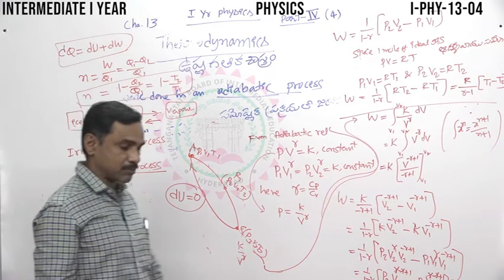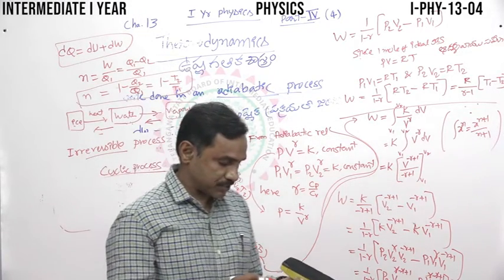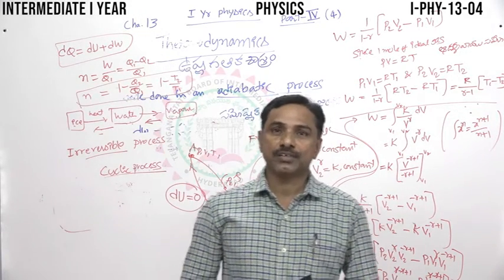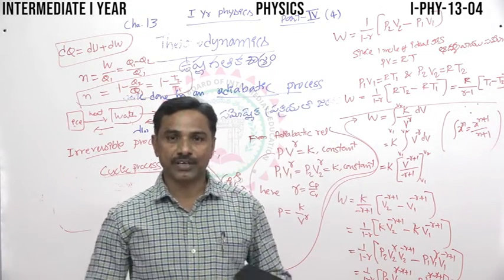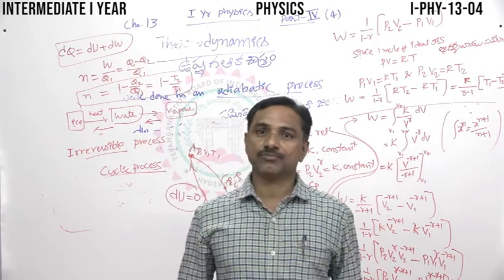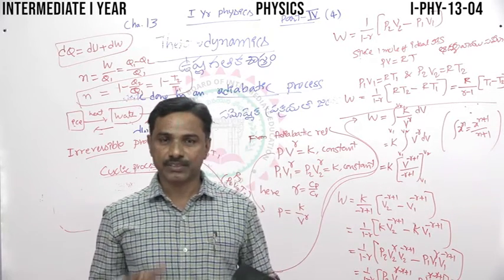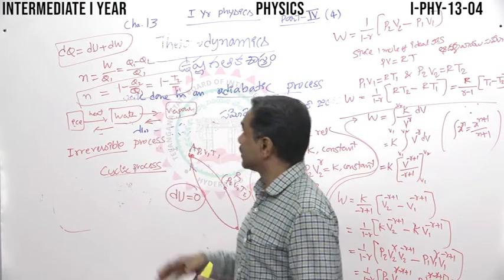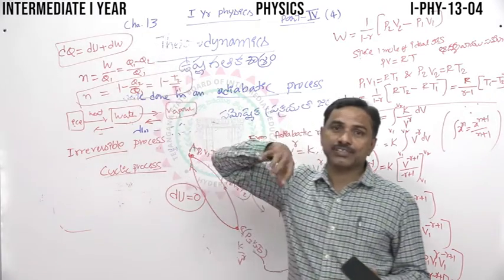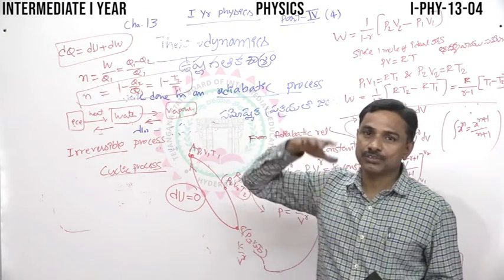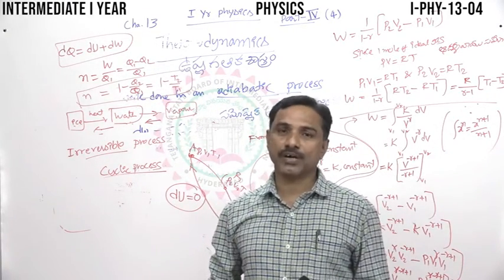But the first law has some limitations. It didn't specify in which direction heat flows, and it also didn't explain the efficiency with which heat will be converted into mechanical work.